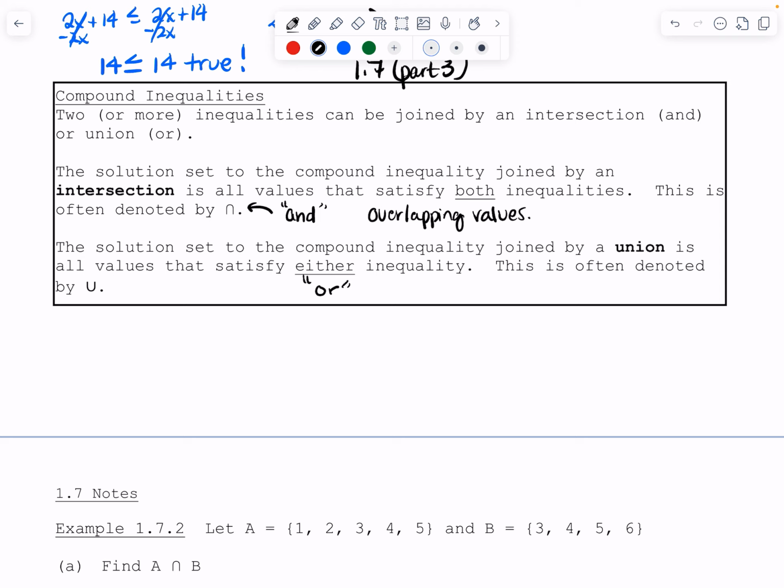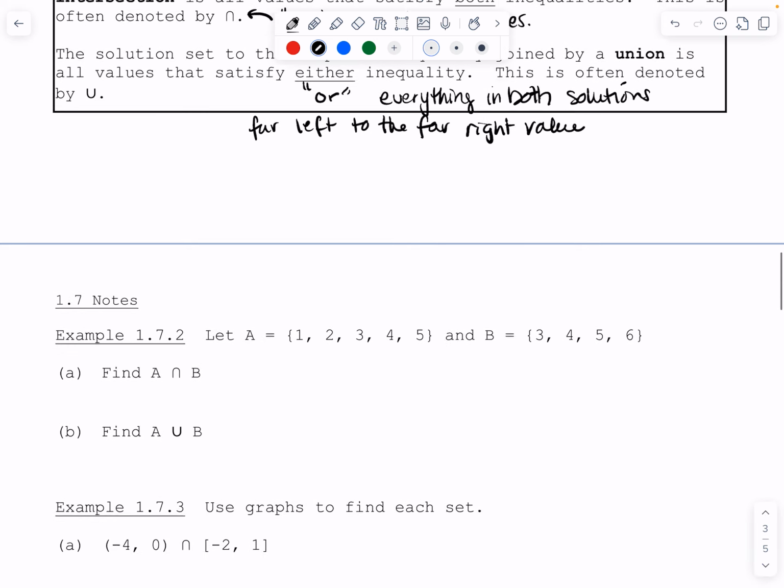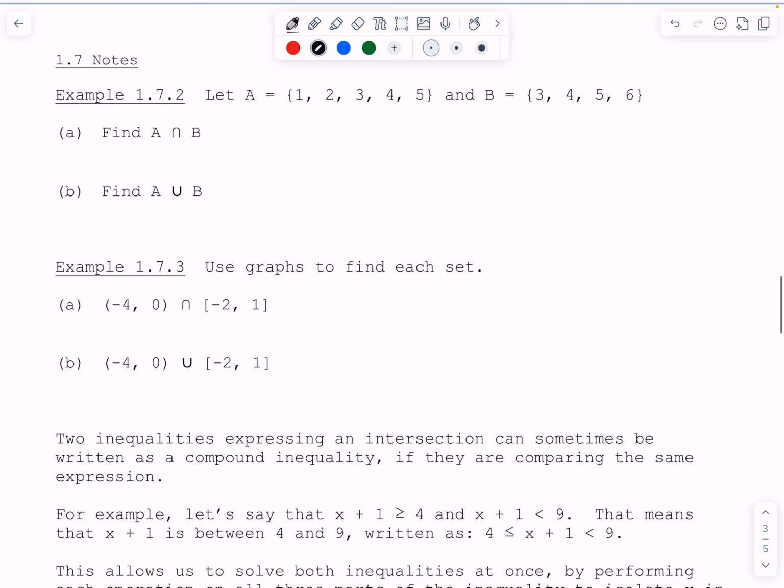And we're going to look for everything in both solutions. Okay, everything. So you're going to look for the far left value to the far right value. And again, I'm going to show you what I mean in a couple minutes. Okay? So let's go ahead and move on and actually do an example.